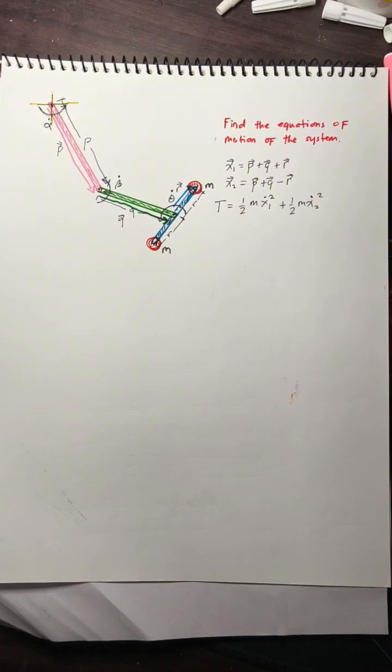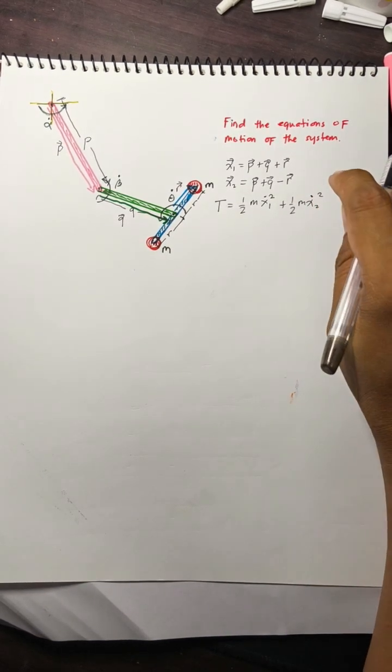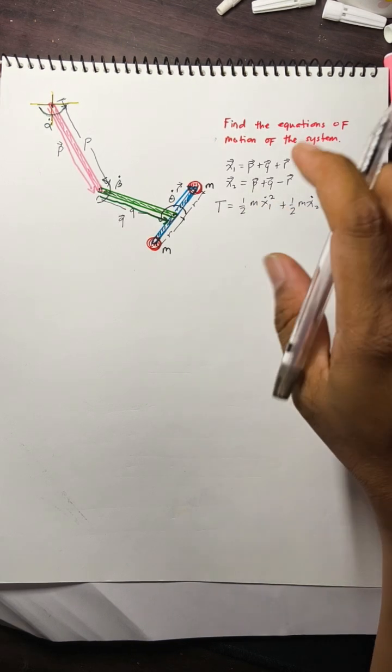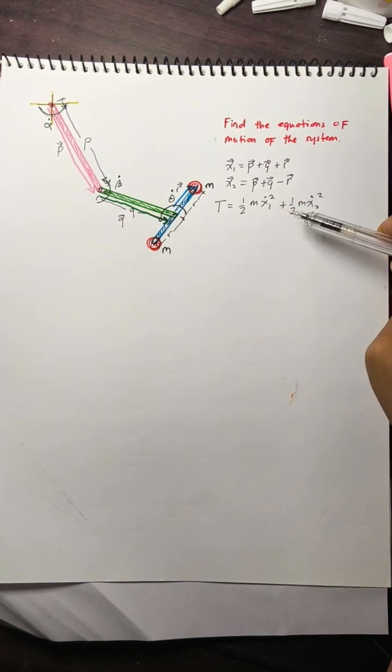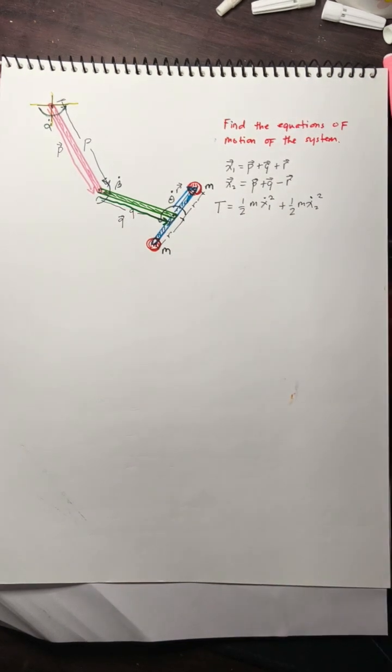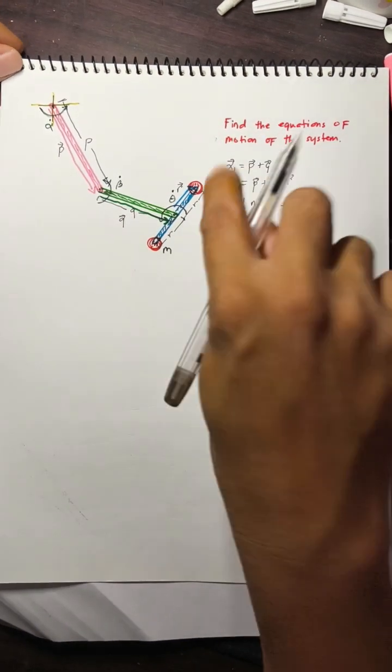So we're done actually if we know x1 and x2, but for this we need first to calculate x1 and x2.